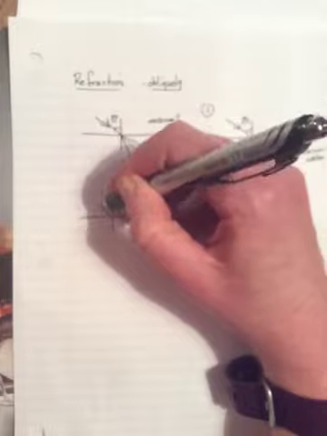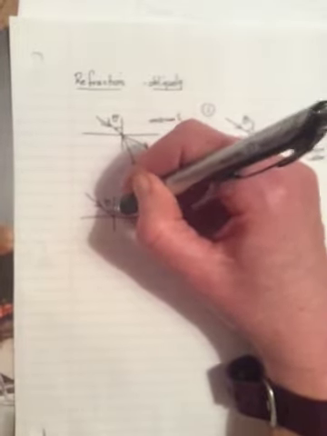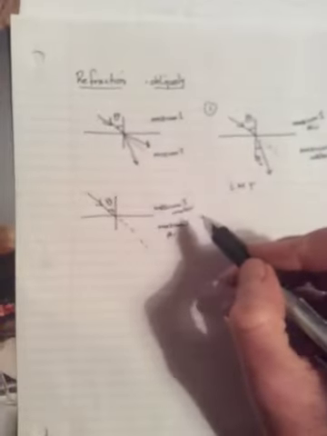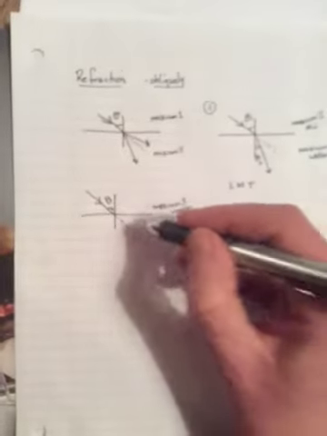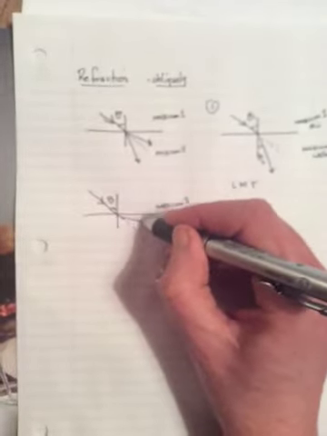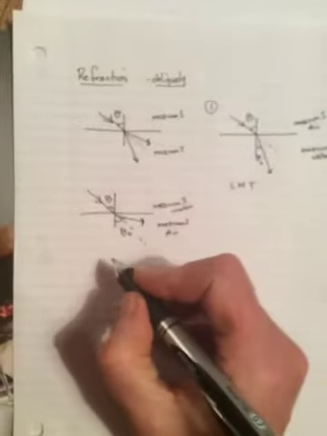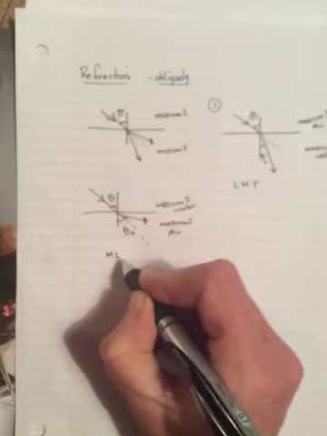So here's the incident ray coming in, here's theta 1, and instead of going straight through, when it's going from more dense to less dense, it bends away from the normal, so that theta 2 is going to be bigger than theta 1. So we say when it goes from more to less dense, it bends away.